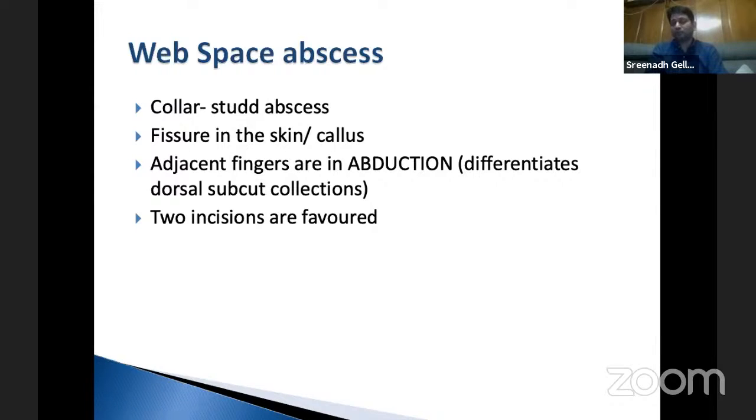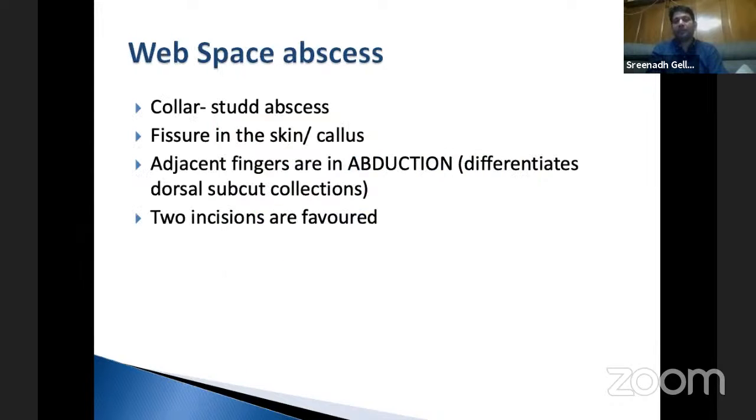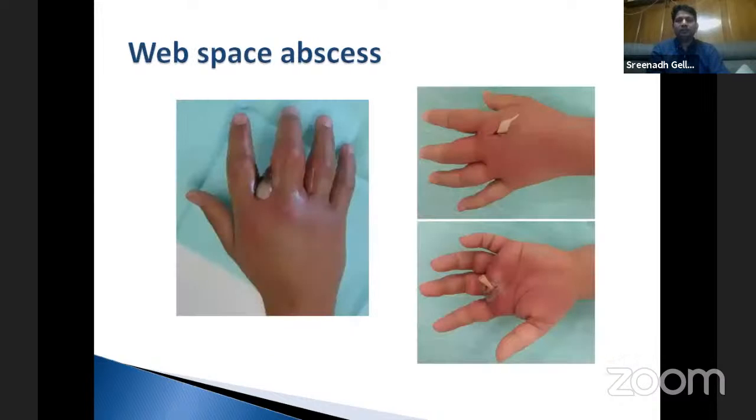Sometimes you can connect both of them and put a wick until the collection and everything settles over the next few days. This is the typical incision that a majority of hand surgeons prefer.